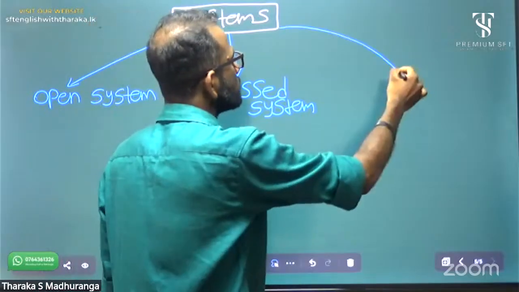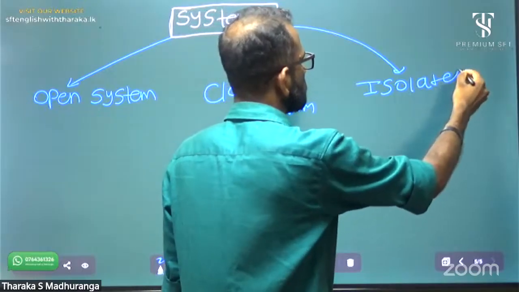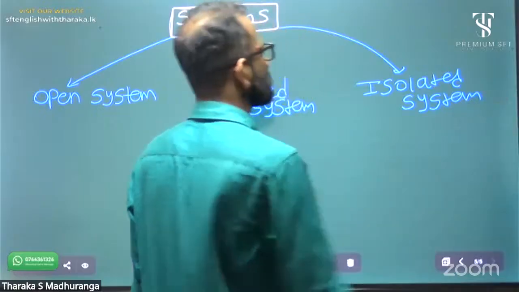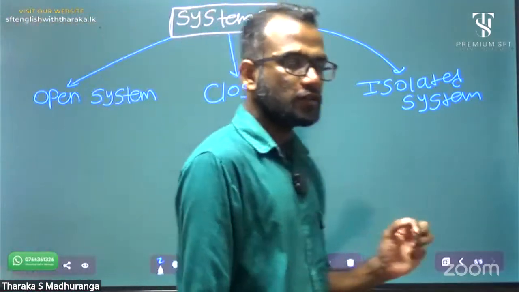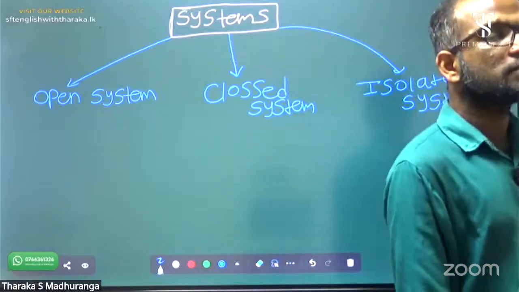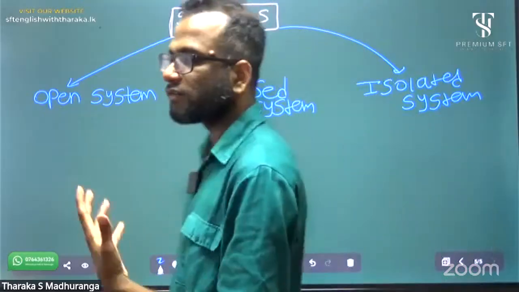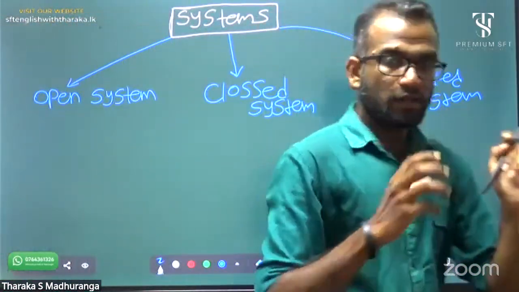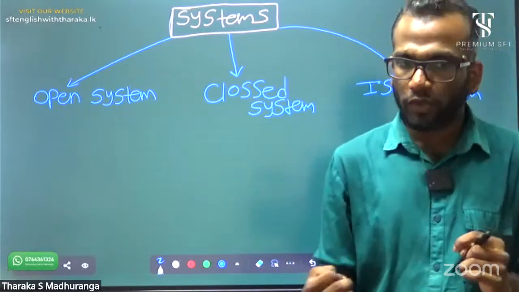The final one is isolated system. Open system, closed system and isolated system. Okay, they are the main types of systems, and we're discussing them in future chemistry lessons.